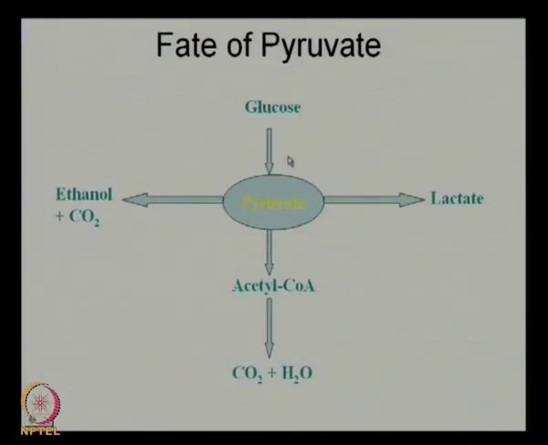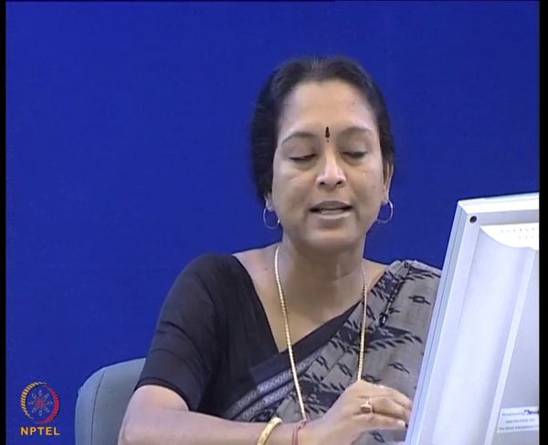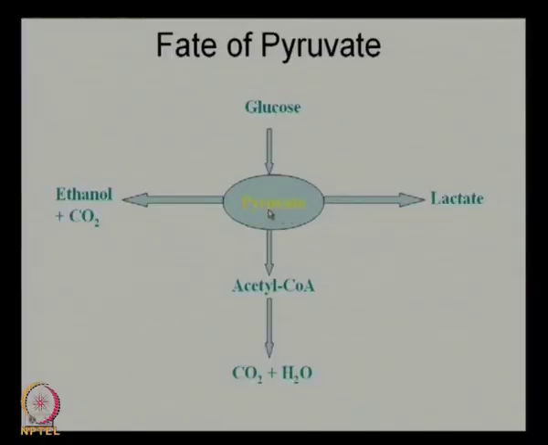Now, if we see this picture, we can find that this is the glycolytic pathway and pyruvate is the end product. These reactions take place in the cytoplasmic fluid of the cell. This product is utilized for many purposes.